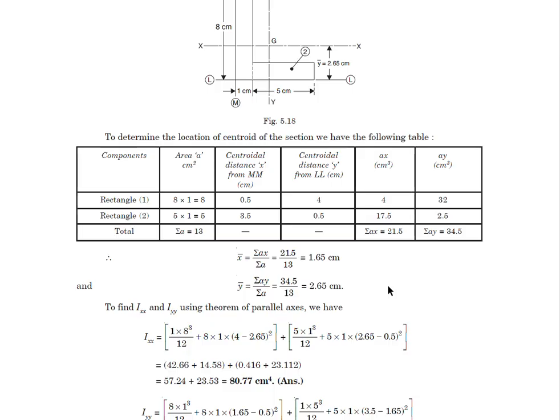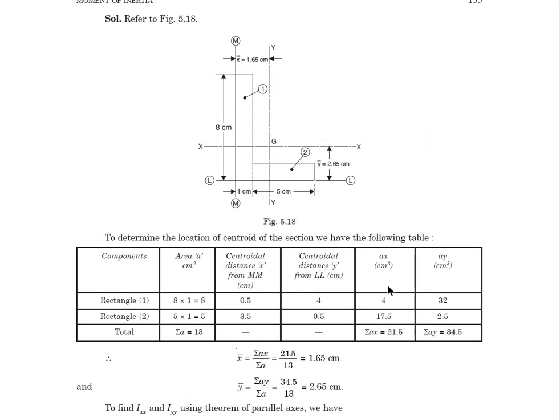Now we have been asked to find the moment of inertia of this L-shaped lamina. You remember that we discussed the moment of inertia of a lamina about its CG. Now for this 8 by 1 rectangle, the first rectangle, the CG passes through the center point of this rectangle, which is 4 cm above this line LL and 0.5 cm away from this line mm.